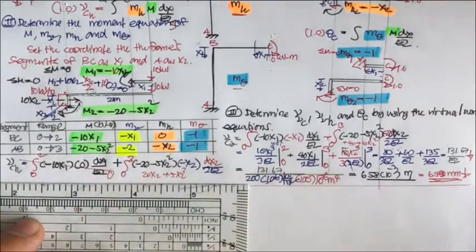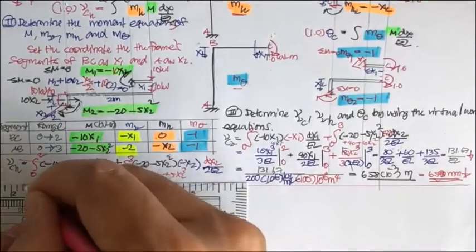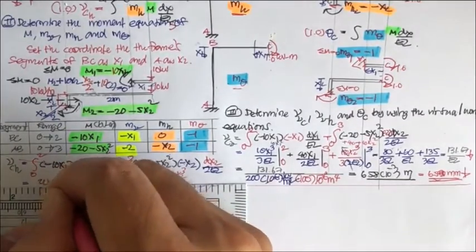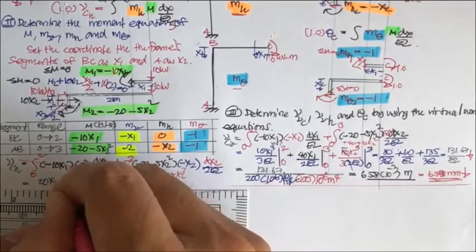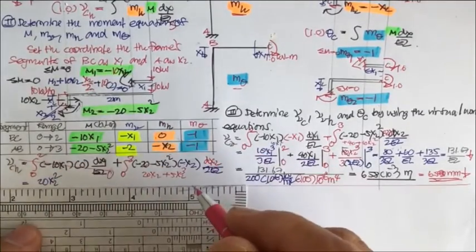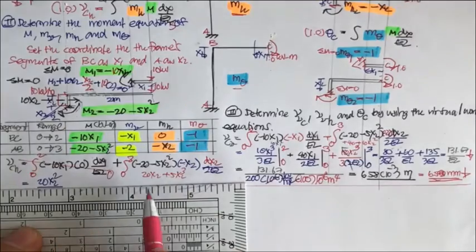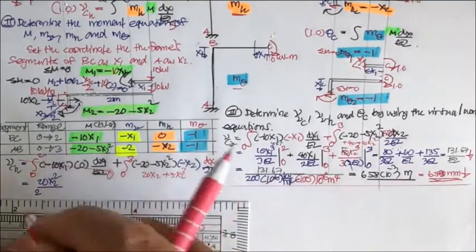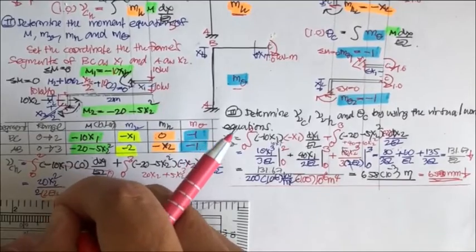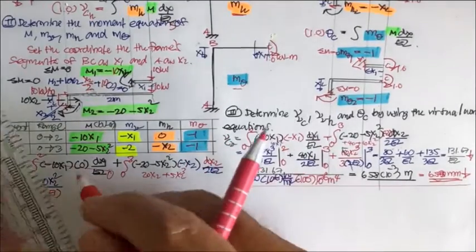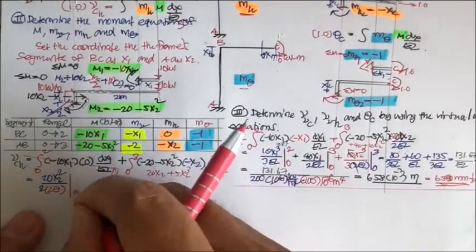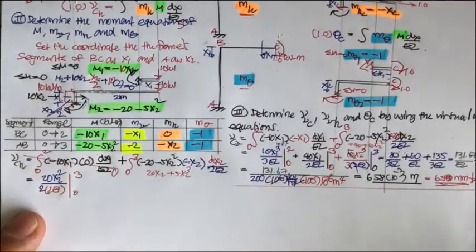And now if you do the integration of this, you get the first term of 20 x2 power 2 divided by 2, and don't forget about this one, 2EI, and you integrate it from 0 to 3.